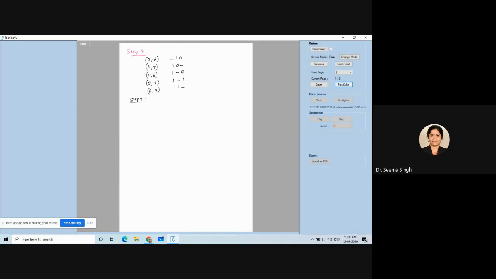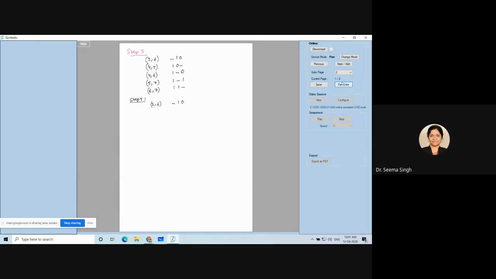Now I need to rearrange these 5 pairs in terms of place of dash. Let me start one by one. Which pair has dash in the first place? Only one number has dash in the first place.